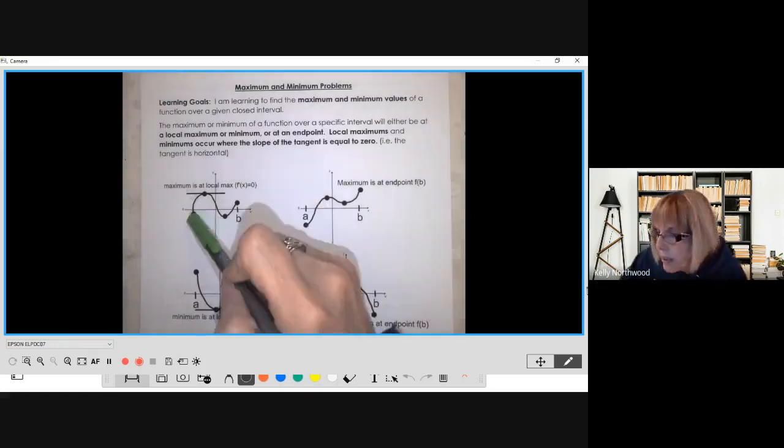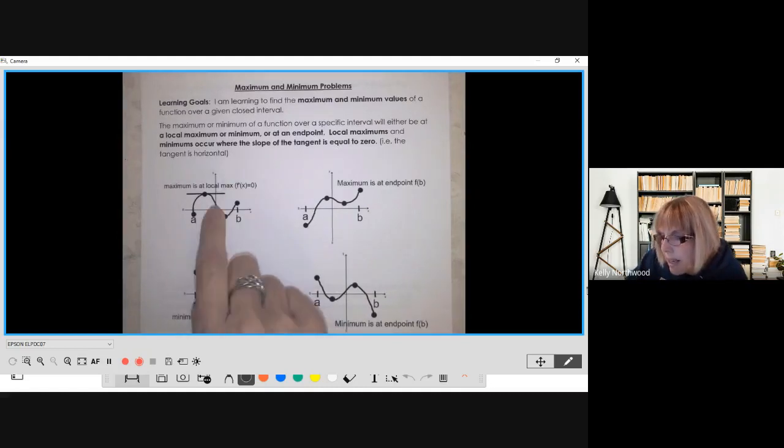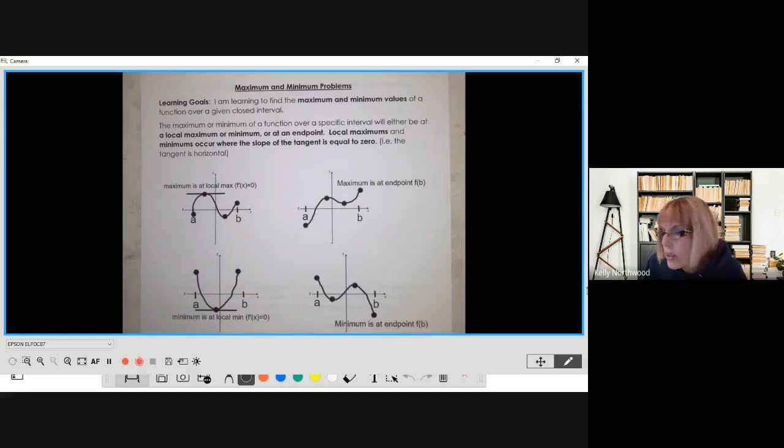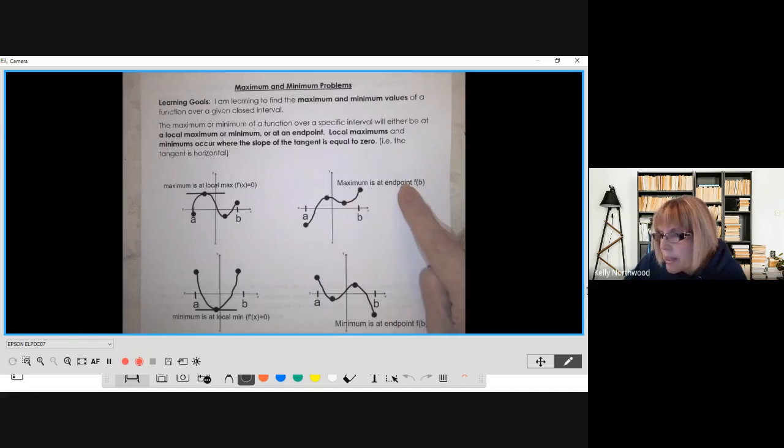So here's an example of a function over a closed interval a, b. And you can see that the maximum value happens to be at a local maximum where the tangent's horizontal. But here's an example where over that fixed interval, the maximum ends up being at an endpoint. Okay?